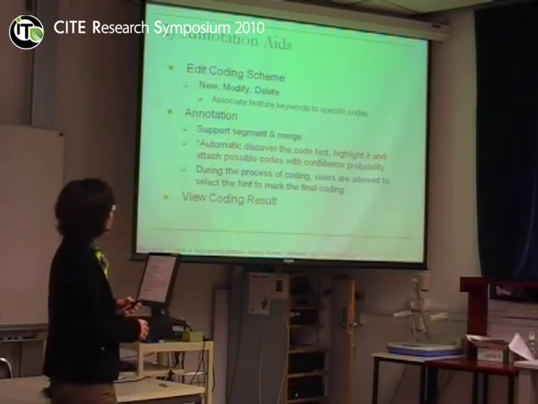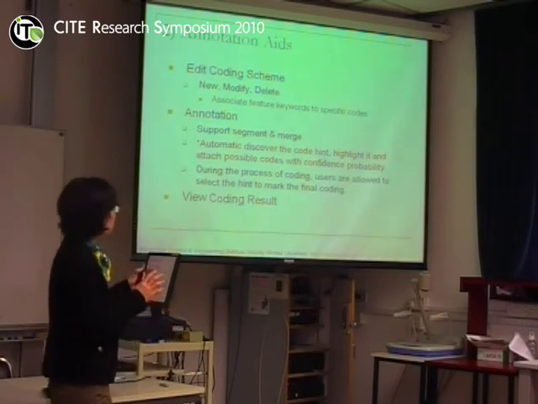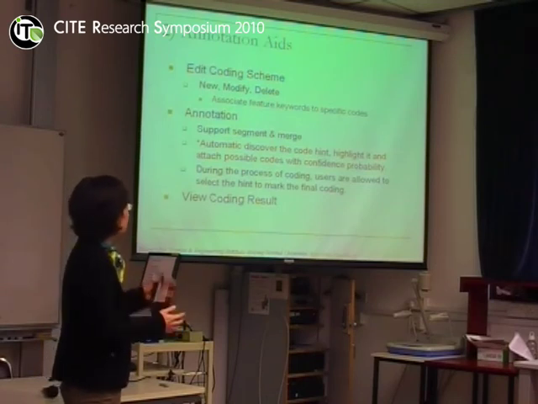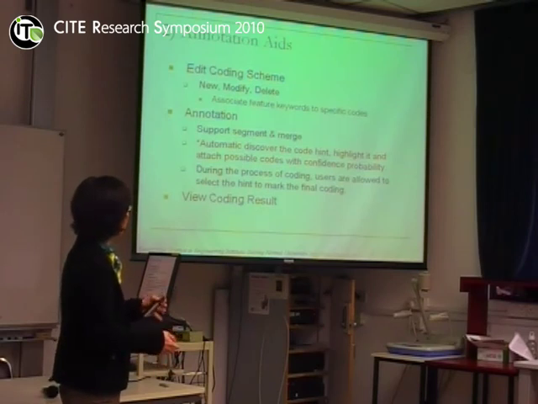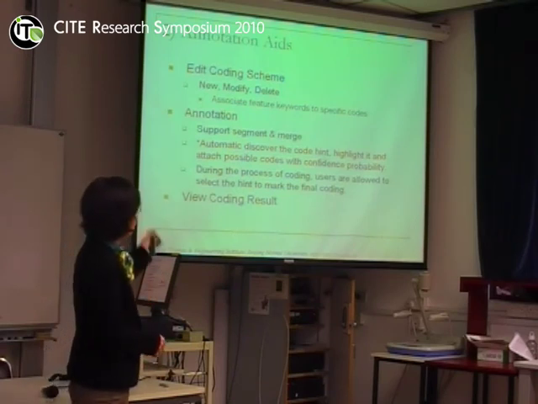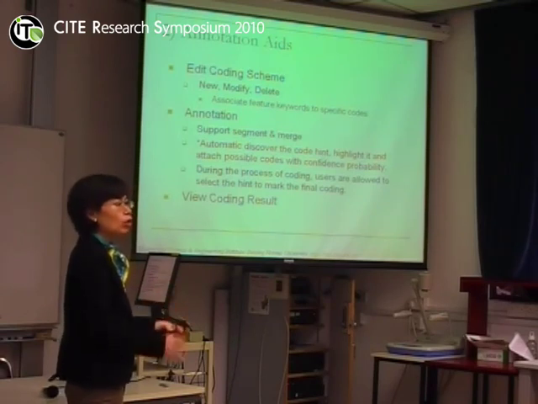The second is annotation. During the coding process, we provide such functions to support you in doing coding. And the third is using the coding result. In the work we have done, some is not finished.